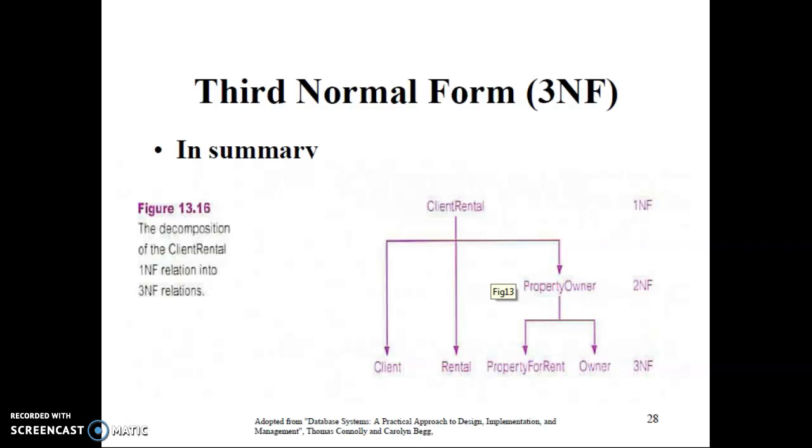So we decomposed relation into three tables like client, rental, property owner. At last, in third normal form, removed transitive dependency and decomposed property owner into two tables, property for rent and owner. So finally we have four tables with controlled and reduced redundancy through normalization technique.